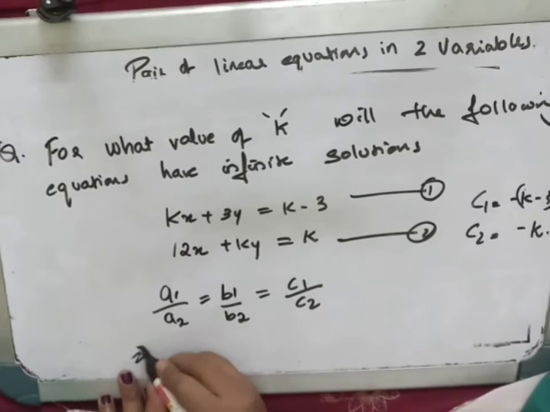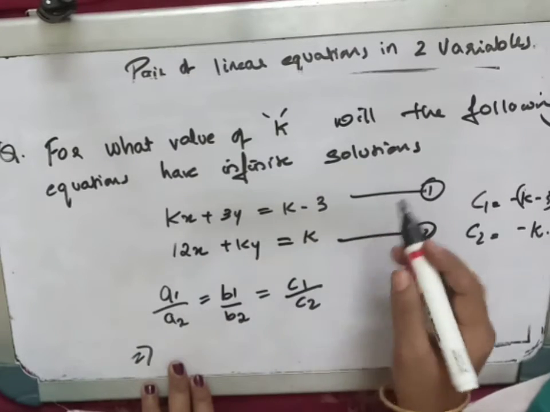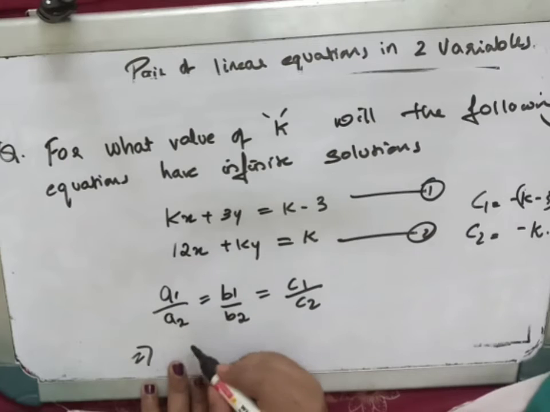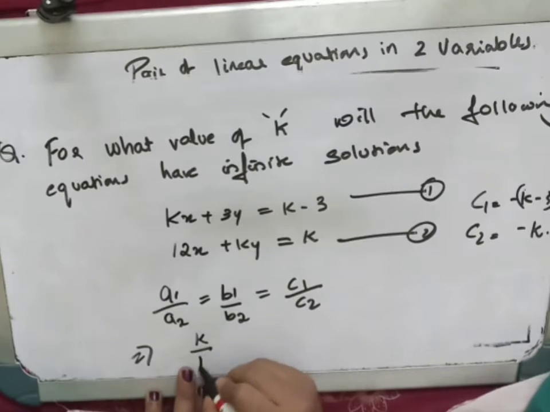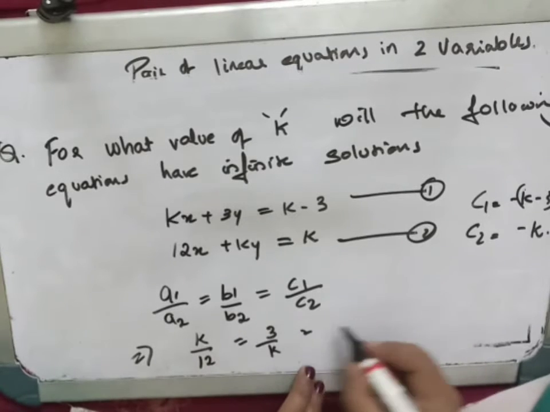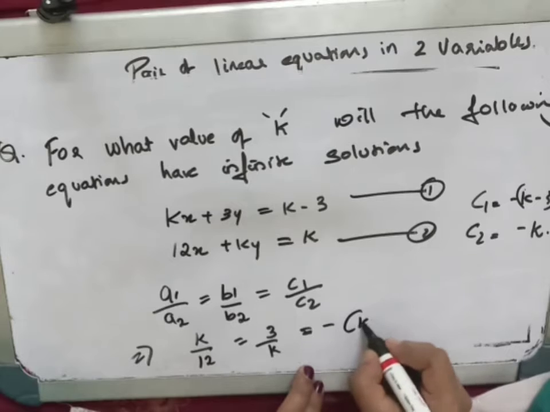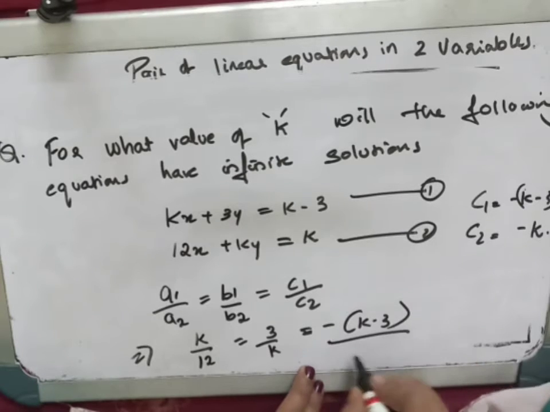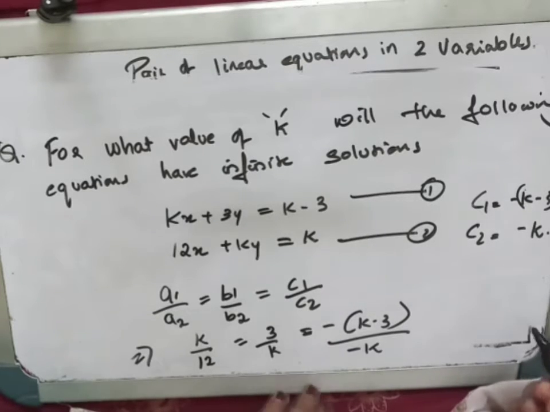So let us see, in order to have infinite solutions, the coefficients will satisfy the condition given like this. Hence let's substitute k by 12 is equal to 3 by k, and that is equal to minus of k minus 3 by minus of k.